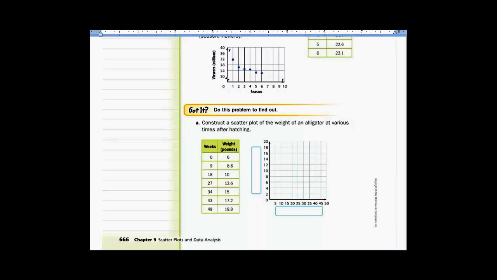Independent would be the one that doesn't depend on anything else. So that would be your time in weeks. That would be my label here. So that means your dependent variable is your weight in pounds.